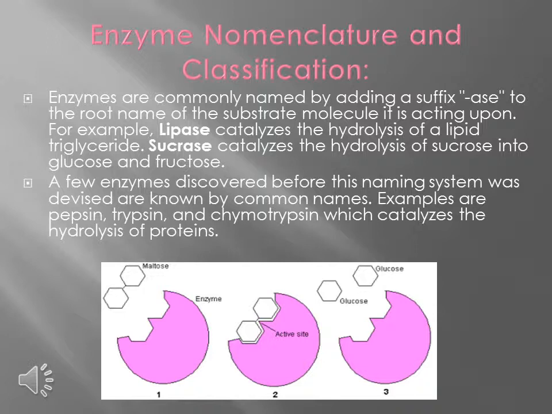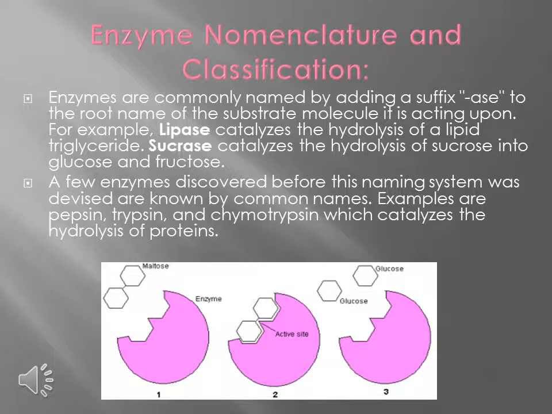Enzyme nomenclature and classification. Enzymes are commonly named by adding the suffix "ase" to the root name of the substrate molecule they are acting upon. For example, lipase catalyzes the hydrolysis of a lipid triglyceride. Sucrase catalyzes the hydrolysis of sucrose into glucose and fructose. A few enzymes discovered before this naming system was devised are known by common names.